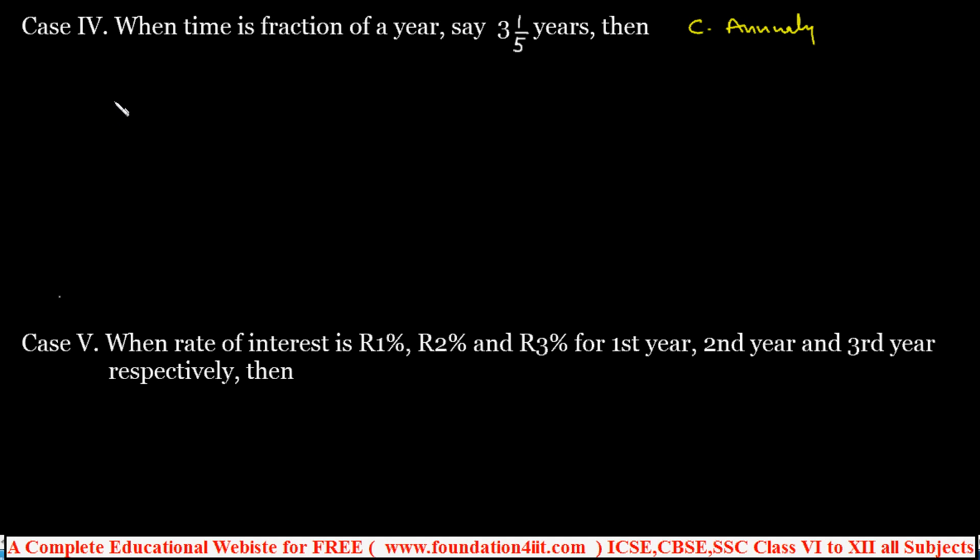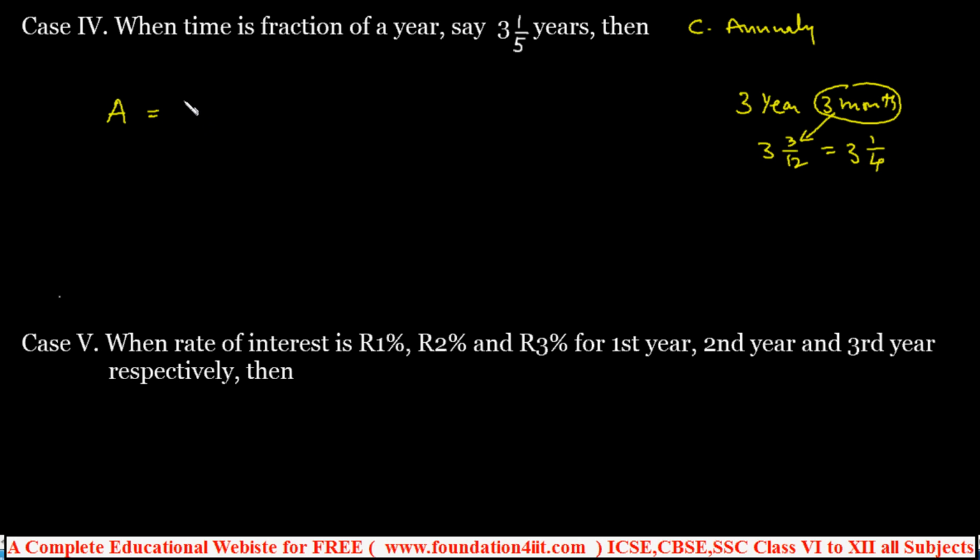So in this type of case, I took one example, 3 1 by 5 years. For example, 3 years 6 months means 3 1 by 2. For example, 3 years and only 3 months they mention. So what should you write? 3, 3 by 12. To convert into years, this becomes 3 1 by 4. So this is like 3 1 by 5 just. In case the question mentions the months also, convert them into years again as that fraction.